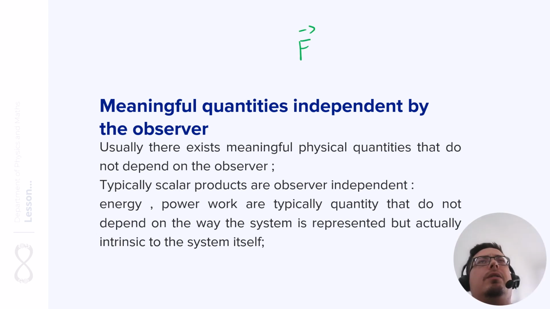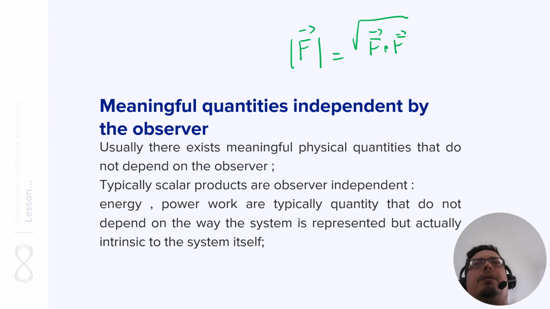If we have a vector force, we know the magnitude is the square root of F scalar product F. This is the magnitude of the force, which is independent of the observer. As we said, the energy is, for example, force times displacement, and this is independent of the observer, and it's a number, it's a scalar. Okay, so work, energy, magnitude of vectors, and things like that.